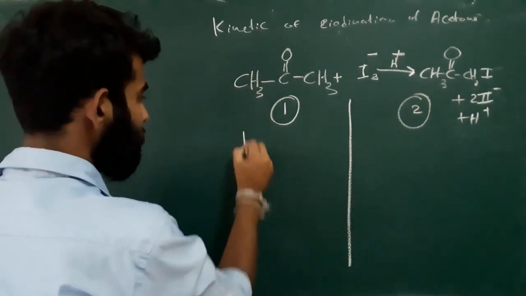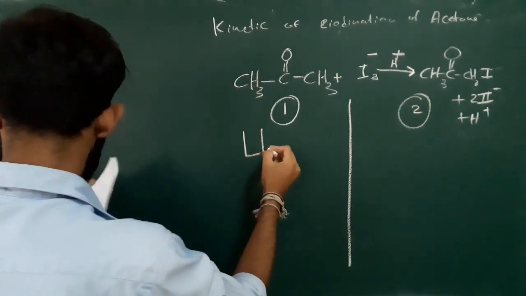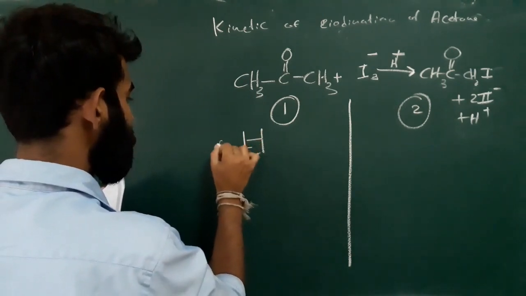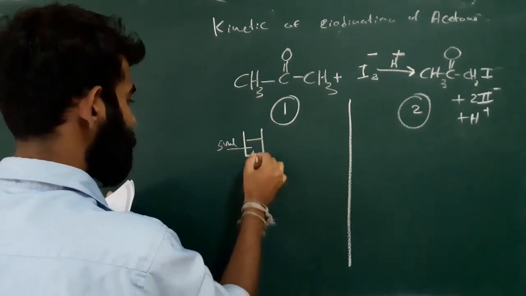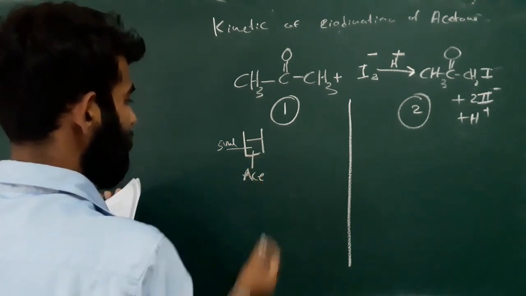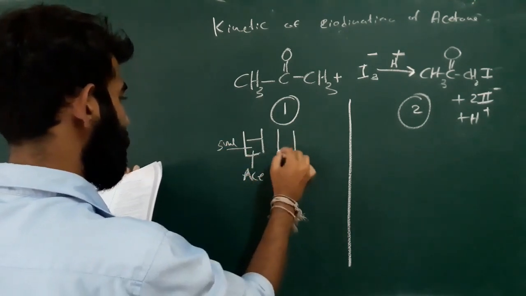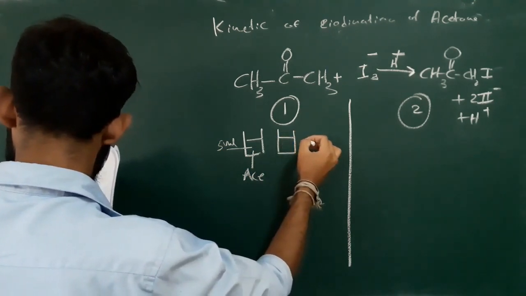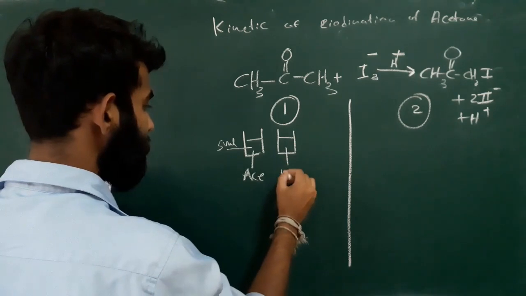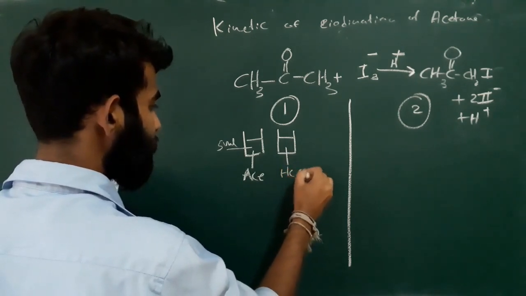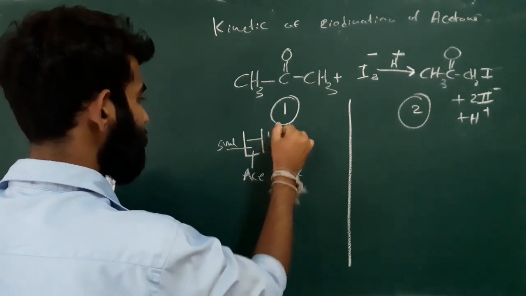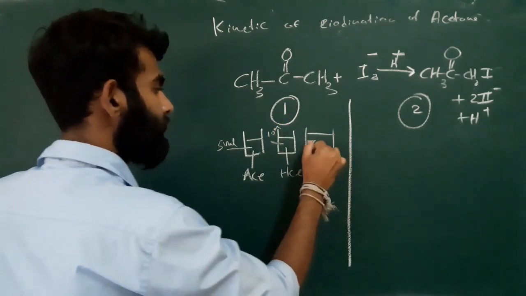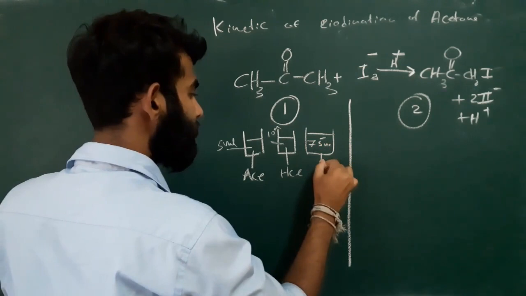In the first group, we add 5 ml acetone, 10 ml HCl, and 75 ml distilled water.